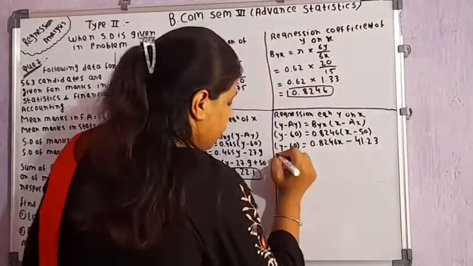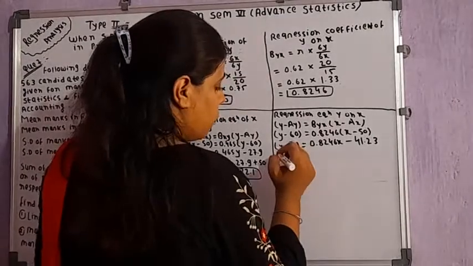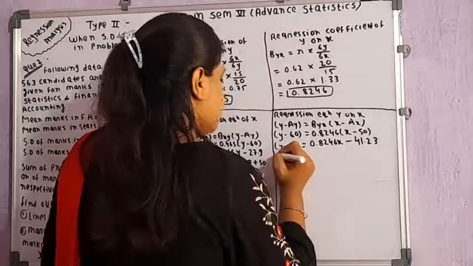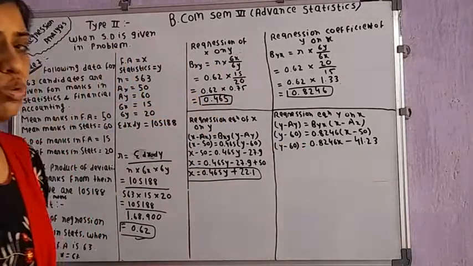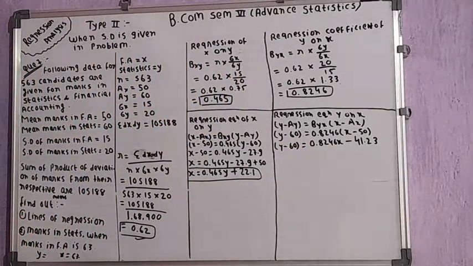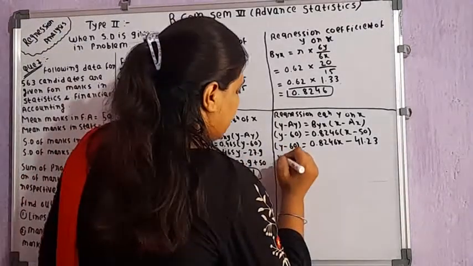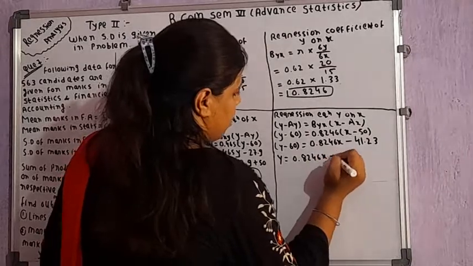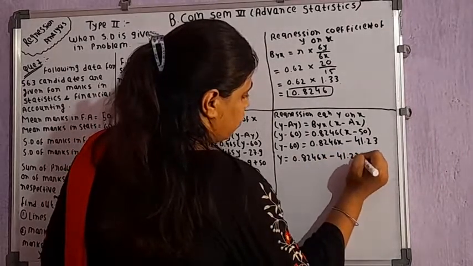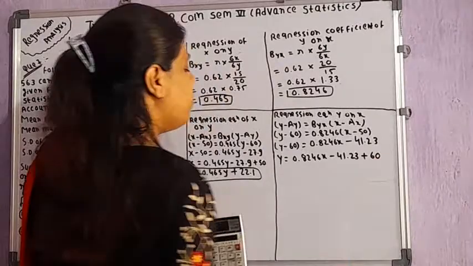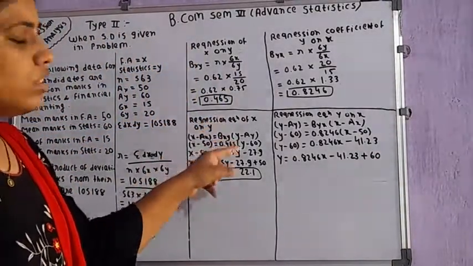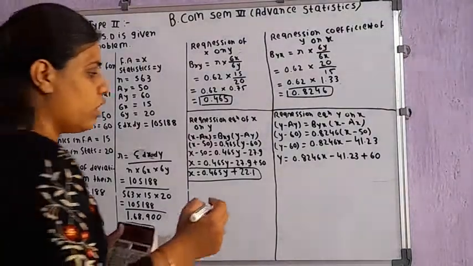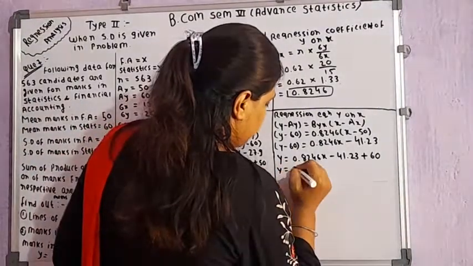Then we are going to keep y over here, because we have to calculate the regression equation of y on x, which can be used to find the value of y when x is given. That is why y is equal to 0.8246x minus 41.23 plus 60. Why plus 60? Because we are taking this value to the other side, and when a value goes to the other side, the sign changes.